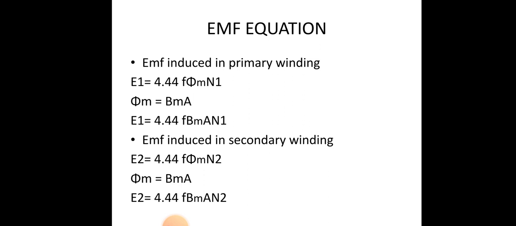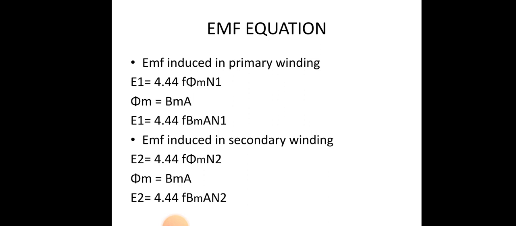So the EMF induced in the primary winding is E1 equal to 4.44 into f into phi m into N1. Here E1 means EMF induced in the primary winding, f is the frequency of the AC supply in hertz, phi m is the maximum value of flux in the core in Weber, and N1 means number of turns in the primary winding.